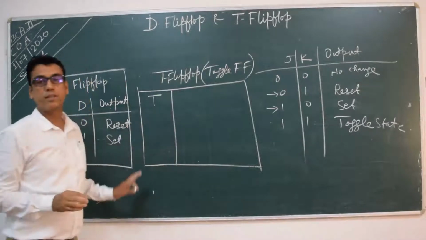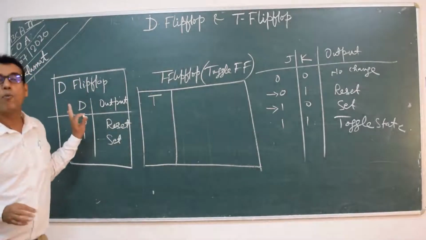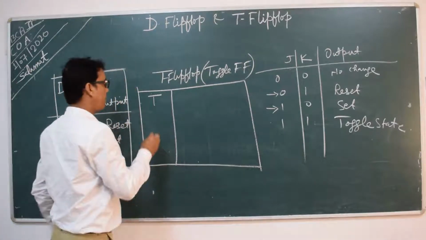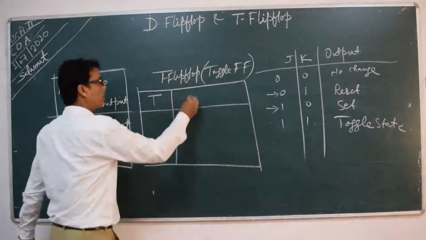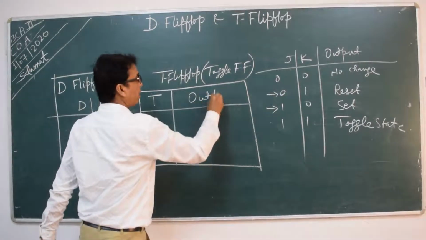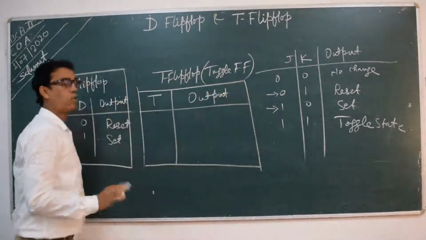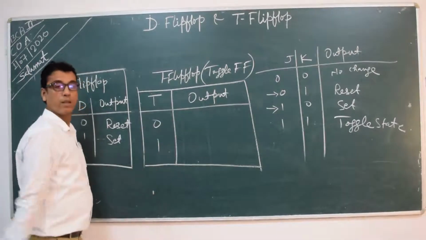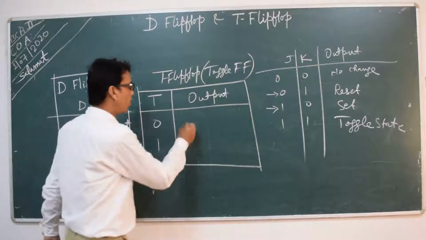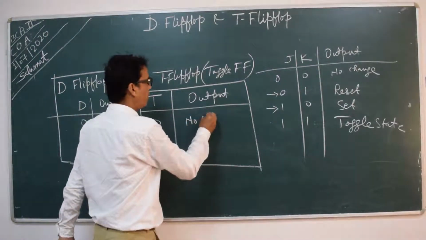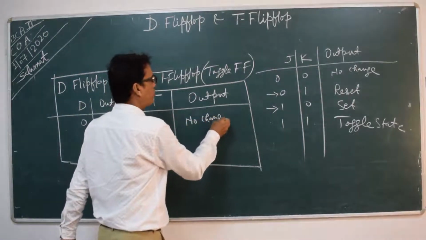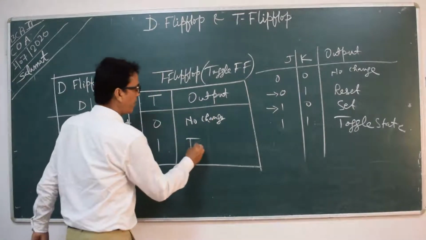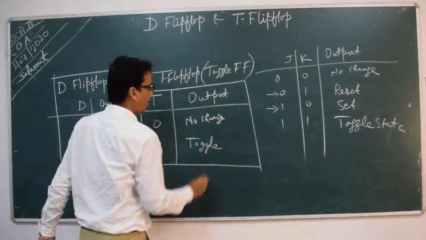T, just like D flip-flop, T flip-flop also has one data input line. So if any circuit has only one input line, you can input either 0 or 1. In the case of 0, it is known as no change state, and 1 is known as toggle state.